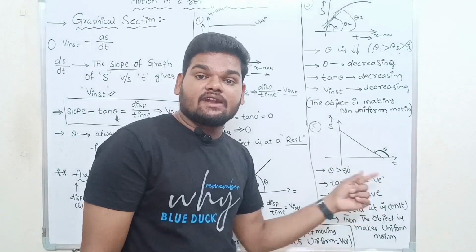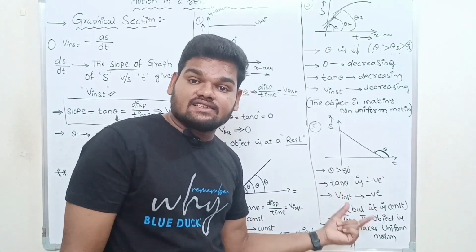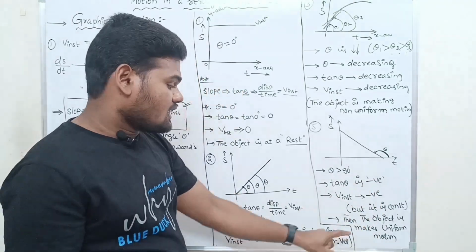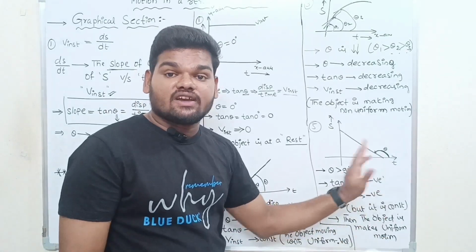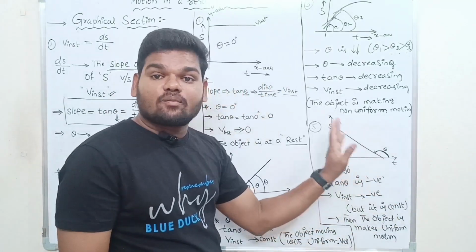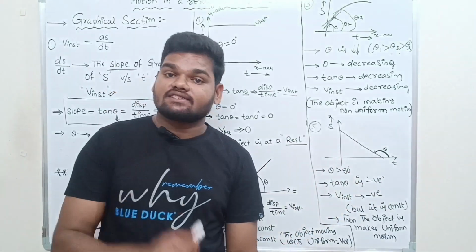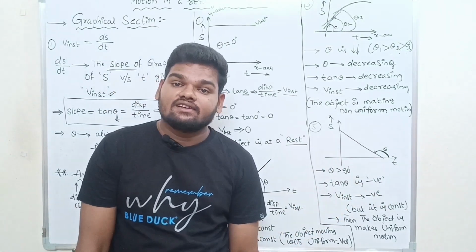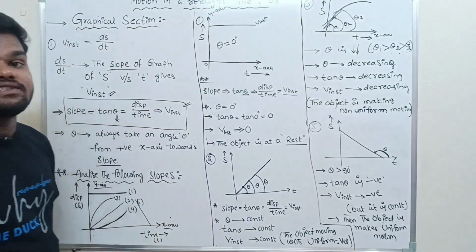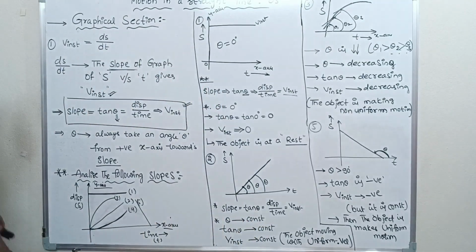Then tan theta is negative and the instantaneous velocity is also negative, but the object is making uniform motion, because each and every point on the slope is at angle theta from the positive x-axis. Is it clear? Any doubts? Let's pause the video and write the notes. 3, 2, 1, go.